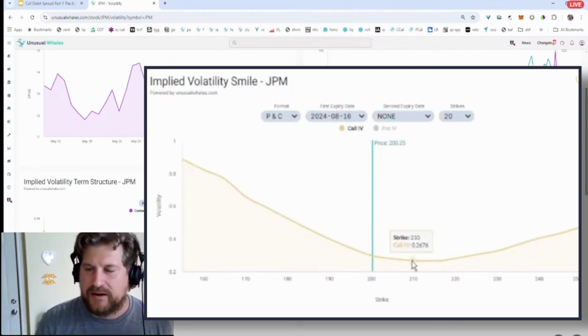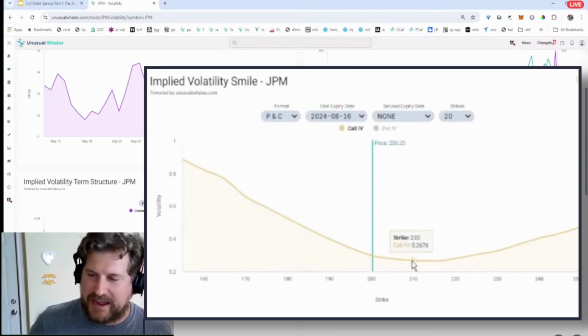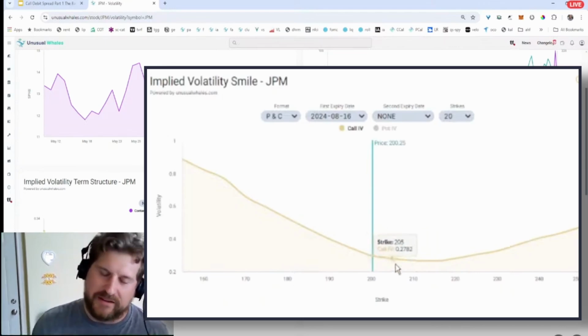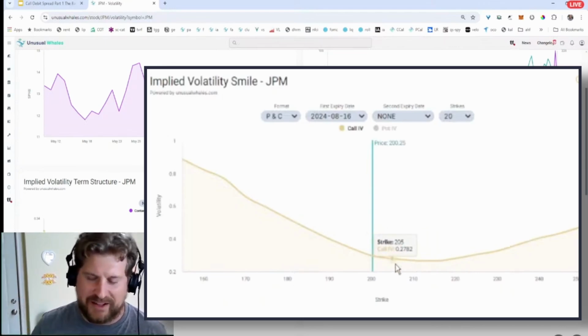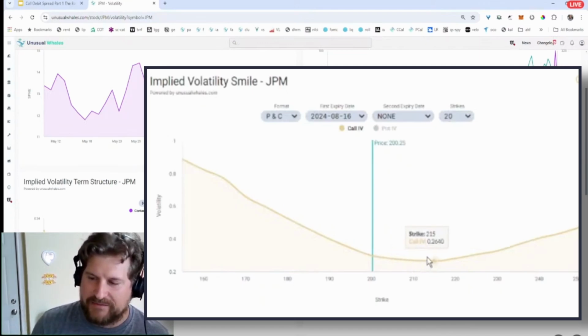So now, let's think about what's happening to this structure. Again, I'm sorry, in the volatility one, I'll have this stuff frozen in time, and we'll be able to see it more clearly. But at the time, the implied volatility of the 205 was the lowest one on this curve.